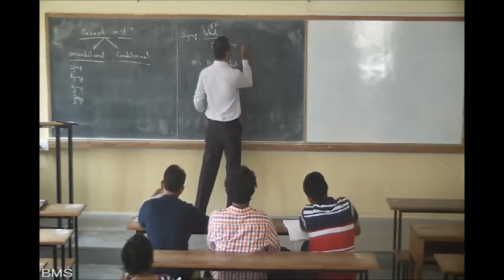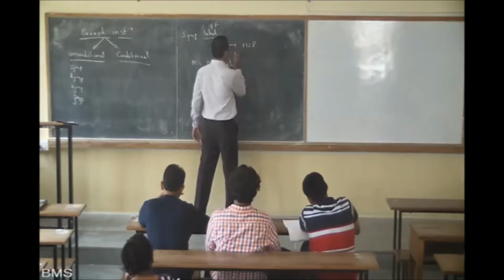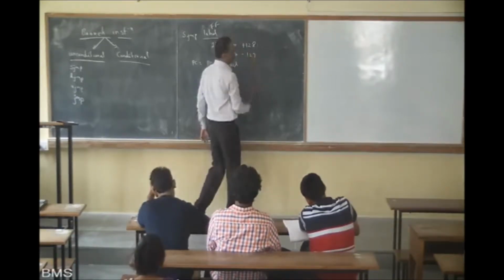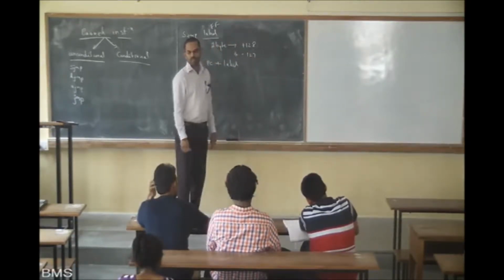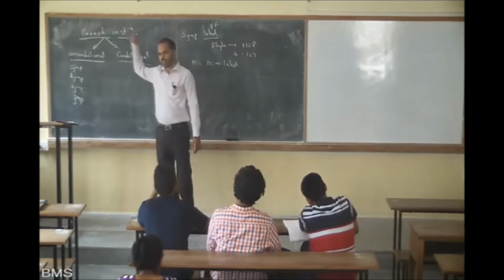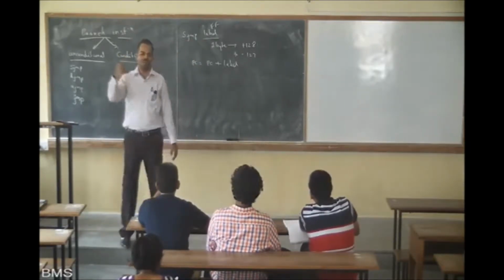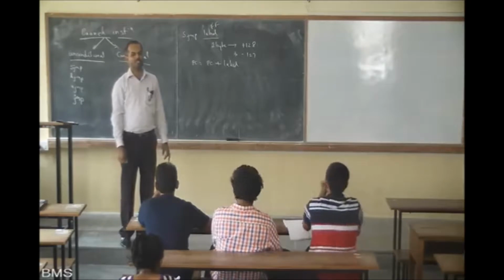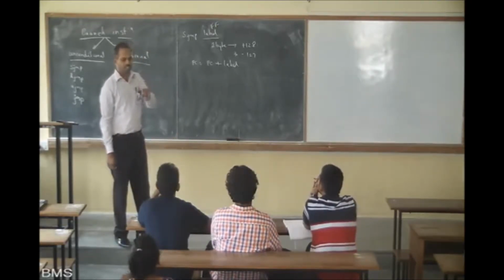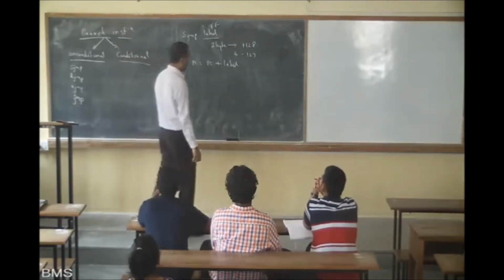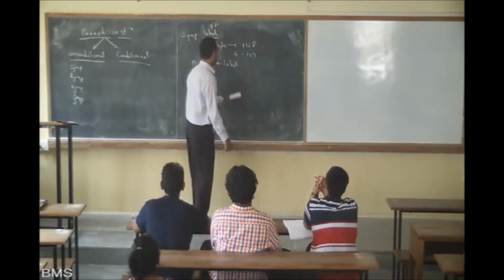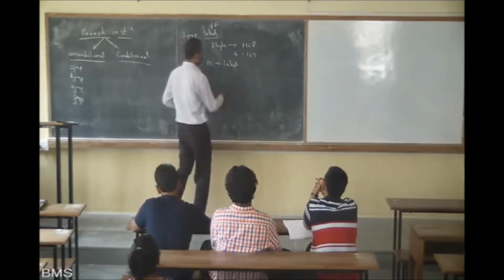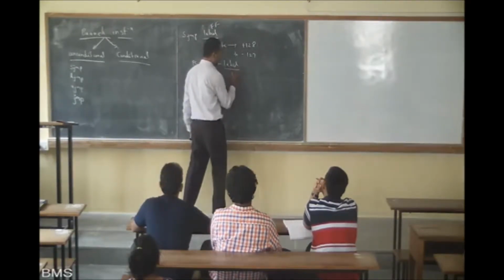So you have the range from plus 128 to minus 127. Backward 127 addresses, forward 128 addresses. We'll give an example and then understand it particularly. So in here it is called relative addressing.